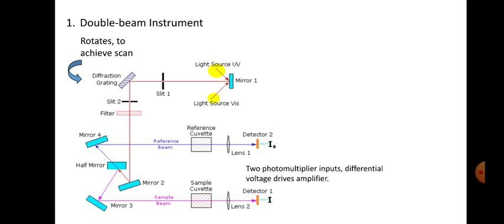So simultaneously we have two sample holders, one holding the blank or reference and the other holding the sample. The beam coming from the radiation source, filtered by the monochromator, is split into two beams of equal intensity, one passing through the reference and the other through the sample.